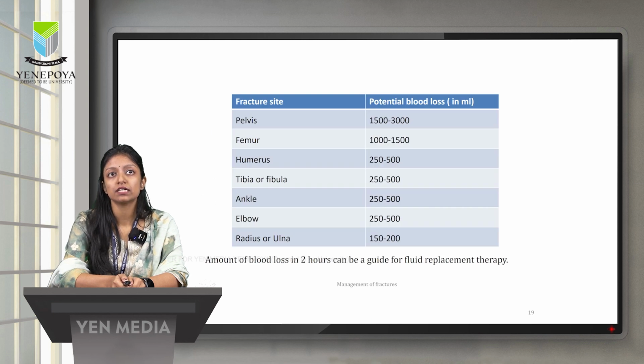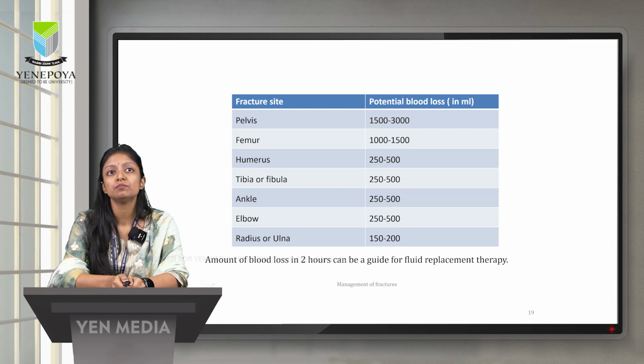So, here we see a table where we understand how much blood is lost in 2 hours from different fracture sites. As we can see, for pelvis, it is up to 3 liters of blood loss. Similarly, for femur, it is up to 1.5 liters.